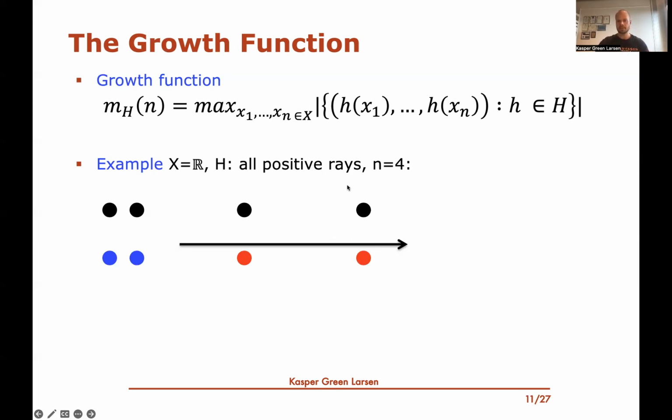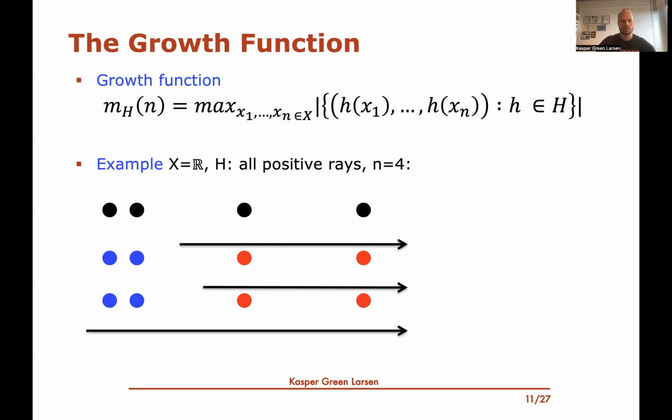So this is an even simpler set of hypotheses. This hypothesis set can have multiple different hypotheses, different rays, that give the same labeling. If I start the ray here, or I start it here, it gives the same labeling of these 4 points. This is again similar to hyperplanes: there can be many hyperplanes that assign the same labeling to a set of points. If you just move the hyperplane a little bit, you get the same labeling.